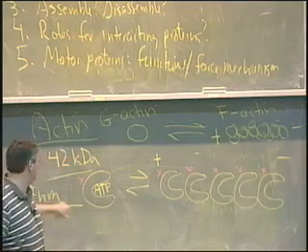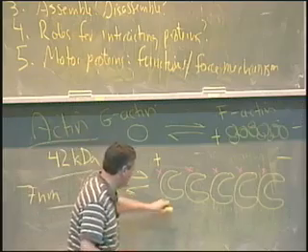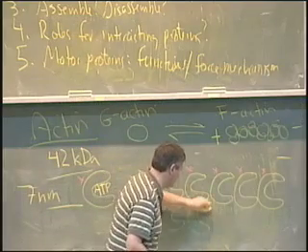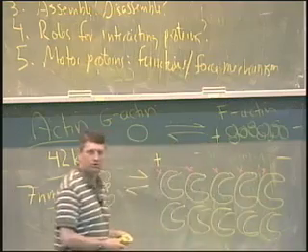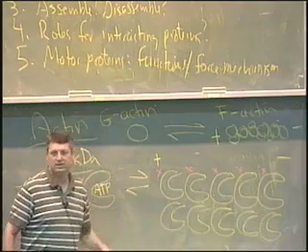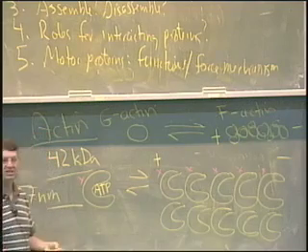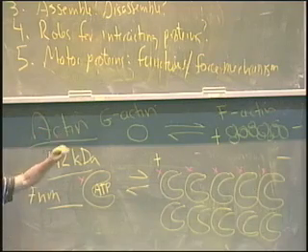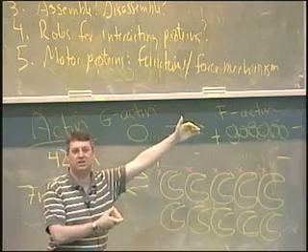But what is the limit of our resolution? 200 nanometers, and this is 7 nanometers. Would we be able to tell, say there was a second actin filament right next to it, so now you have 14 nanometers, would you be able to tell the difference between this and this? No. So you're going to see a blurry fluorescent line, a fat fluorescent line that's maybe like 200 nanometers thick.